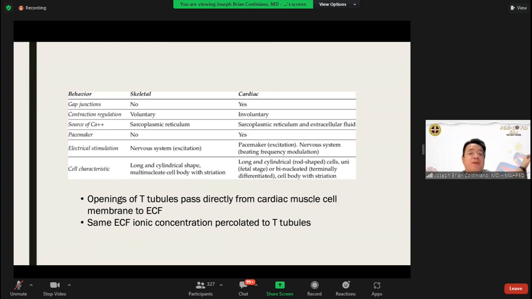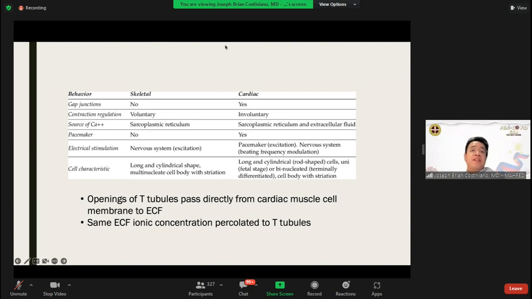So because meron siyang direct connection between your extracellular fluid and your cardiac muscle cell due to your T-tubule, if you have the same extracellular fluid concentration na walang calcium, pumupunta yan yung solution na walang calcium papunta sa cardiac muscle cell, and you need the calcium in order for your cardiac muscle cell to be activated. So that's why it will stop beating.